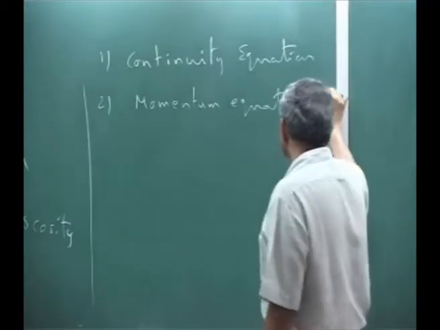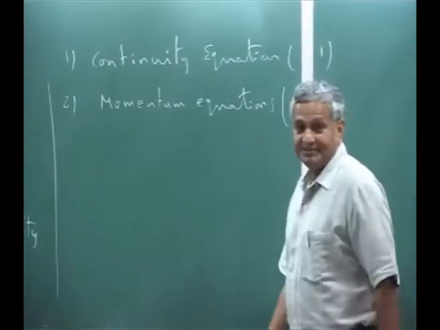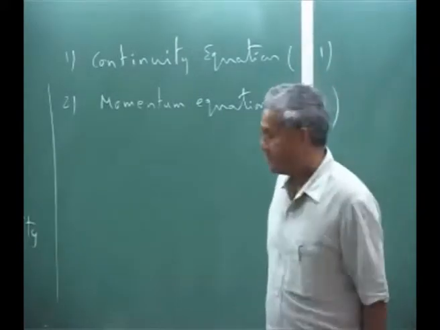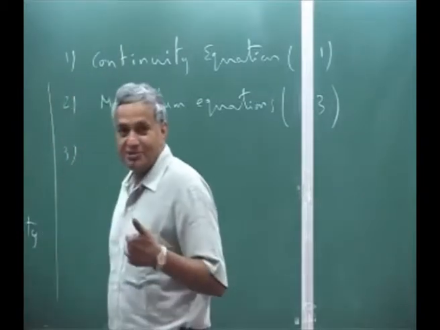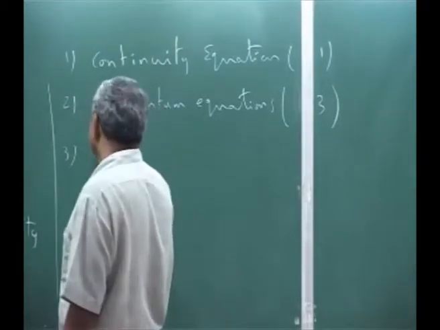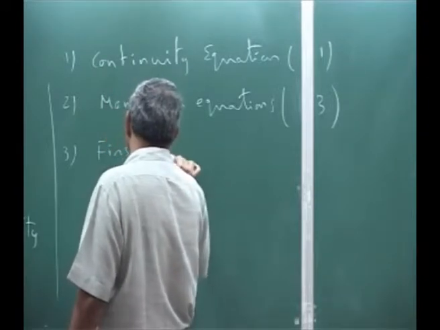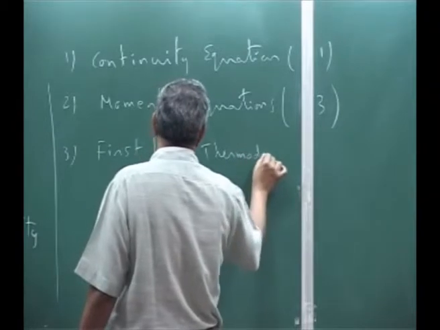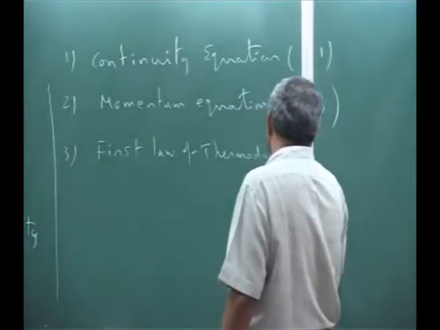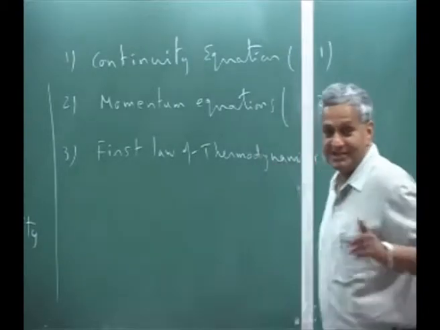You will have 3 equations; this is one equation, because 3 directions. And then the energy equation, which is the first law of thermodynamics. This is one equation, the energy equation.